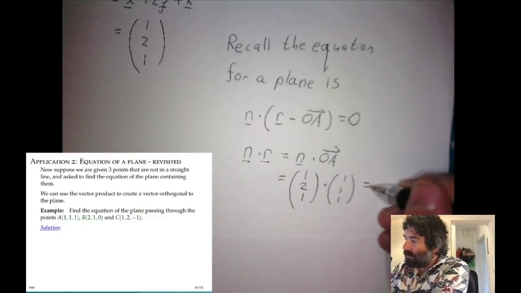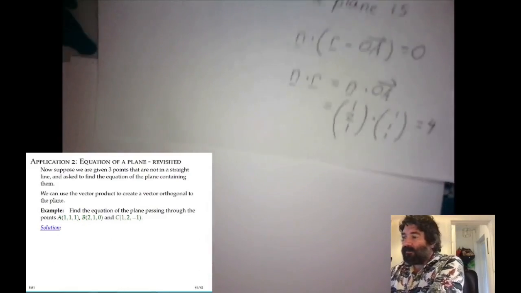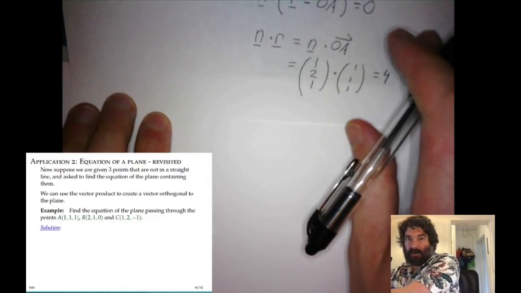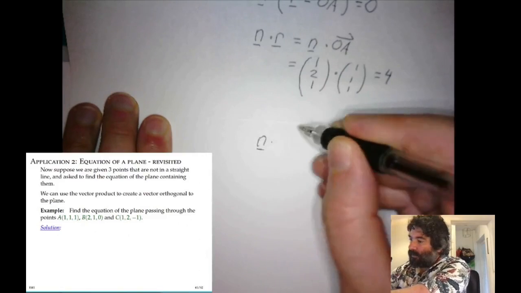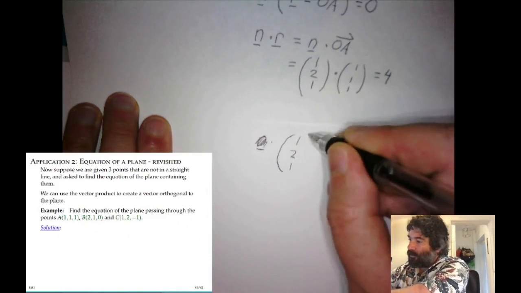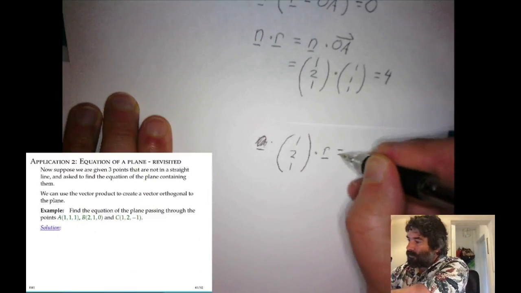And so the right-hand side of this equation is 4. And so once we've put all of that in, we get that the equation for the plane is n, so I should write in what n is, 1, 2, 1, dot with r equals 4.